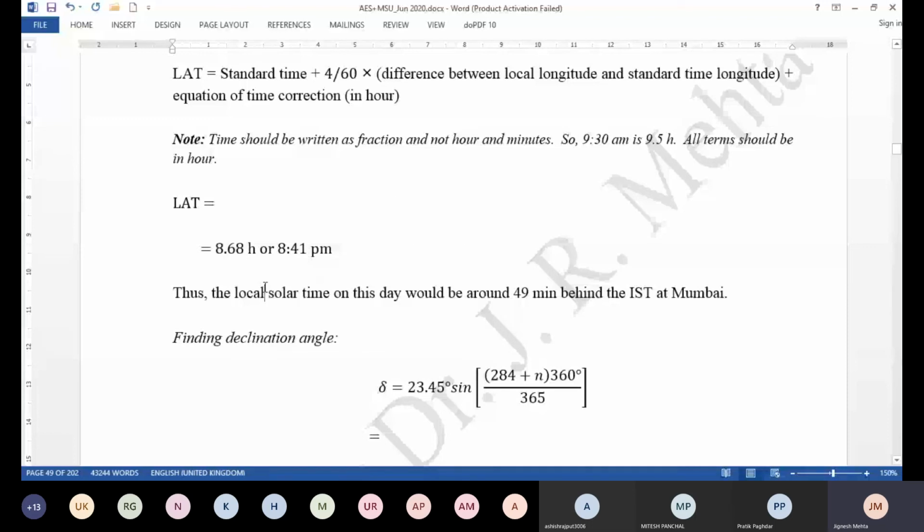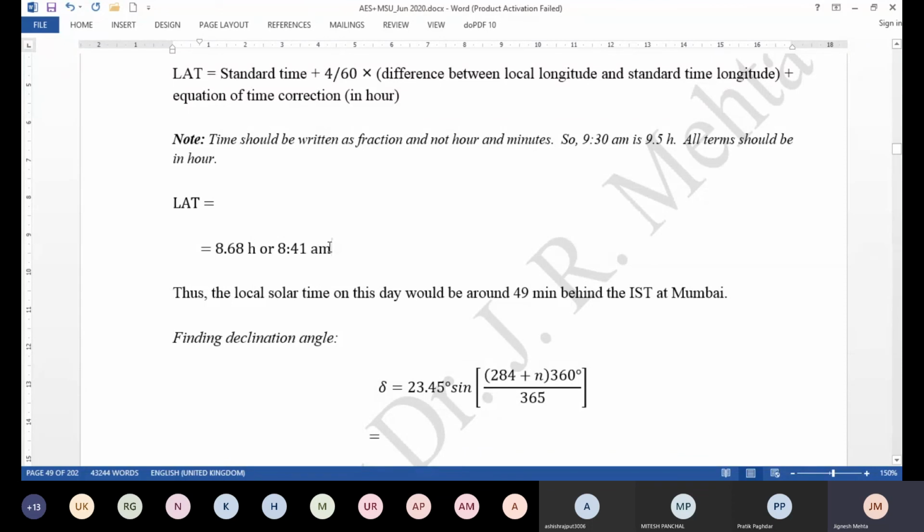So when you are at Mumbai, and let's say on 21st of January, you are looking at your watch and it is showing 9:30 a.m., actually the solar time there at that point of time is 8:41 a.m. Sorry, it is a.m., not p.m. So it is 8.68 hours actual local time, or 8:41 a.m. at Mumbai at that point of time.